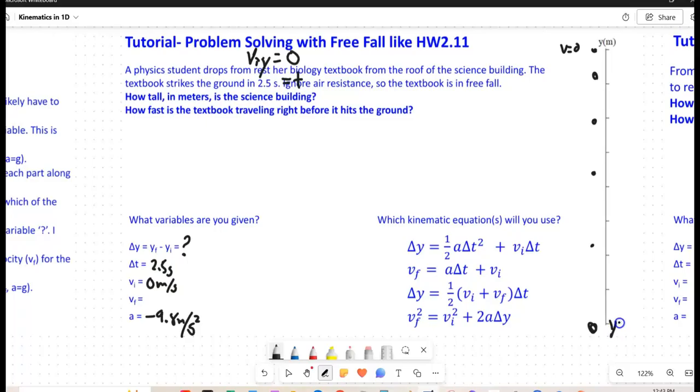So it's going to be starting here at a height of y, because you're on top of the building and you're dropping a ball.